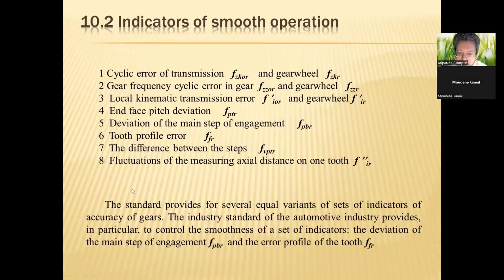The standards provide for several equal variants of sets of indicators of accuracy of gears. The industry standard of the automobile industry provides in particular to control the smoothness of a set of indicators.